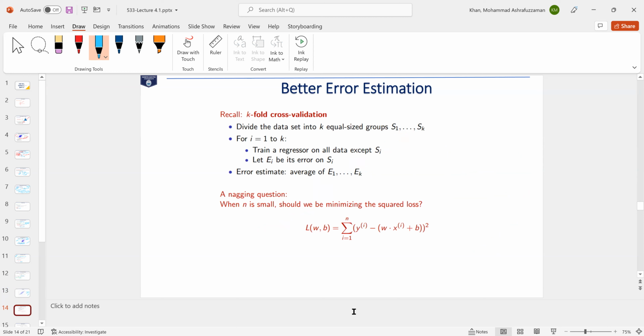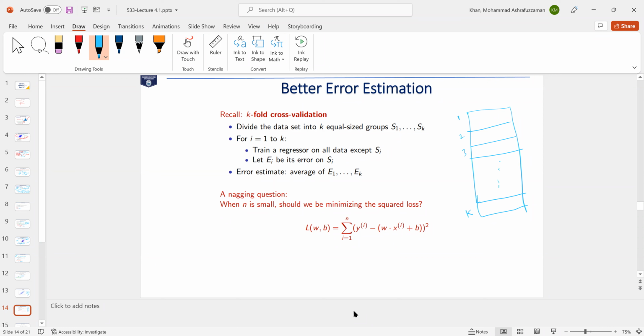So one way to find a better estimator is to use k-fold cross validation. We discussed k-fold cross validation when we discussed the nearest neighbor algorithm. So in k-fold cross validation, we divide our training data set into k different subsets: set 1, set 2, set 3, until k different subsets.